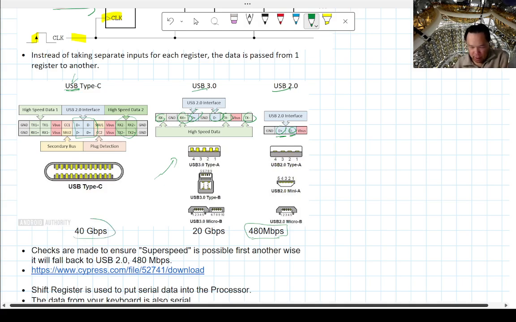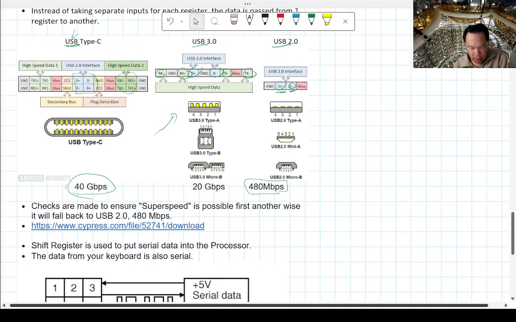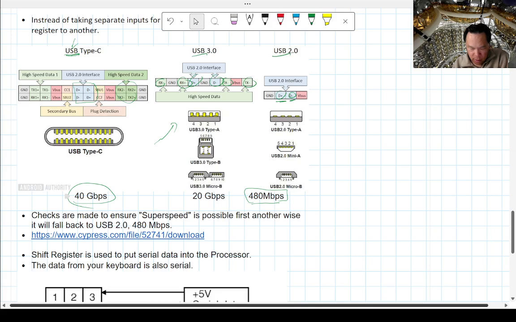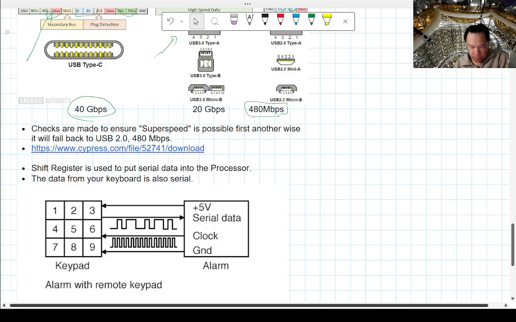Now you can do 64 gigabits per second, and up here there should be the VBUS. Those are the voltage bus, meaning they can carry, I think, up to 20 volts, as opposed to just 3.3 volts, which was the other USBs.